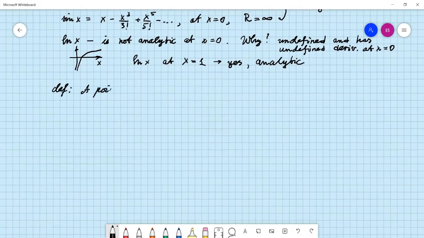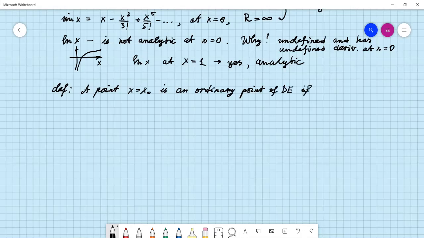A point x equals x0 is an ordinary point of a differential equation if both p of x and q of x are analytic at x0.